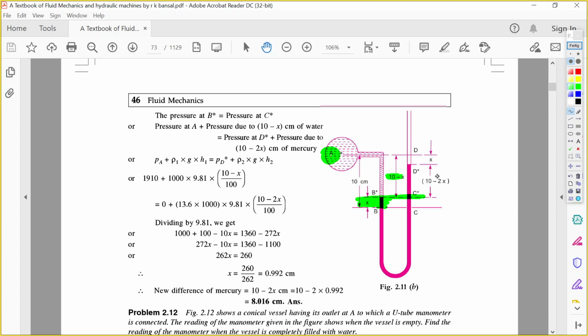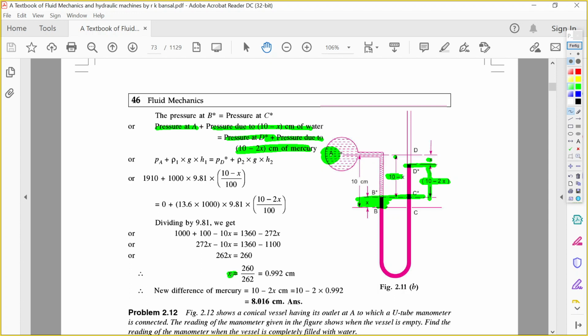For this to this is x, but this to this, we need to subtract this one, and this one is x. So we can calculate this to this is 10 minus 2x. Everything, so we can find the value of x. Likewise, pressure at A, pressure at D asterisk, pressure due to 10 minus 2x. After the simple calculation, we can obtain the value of x.